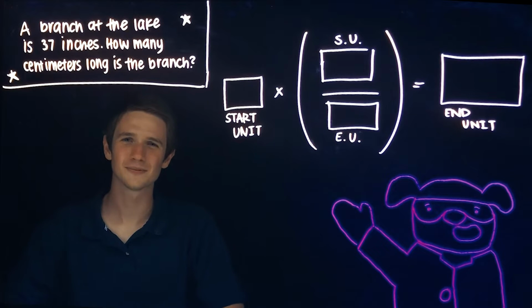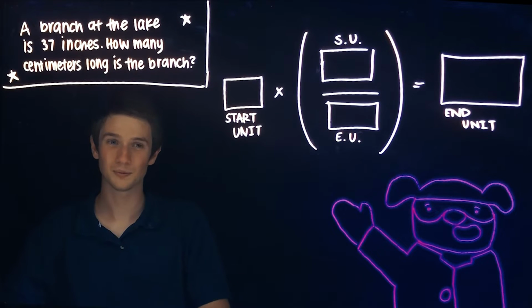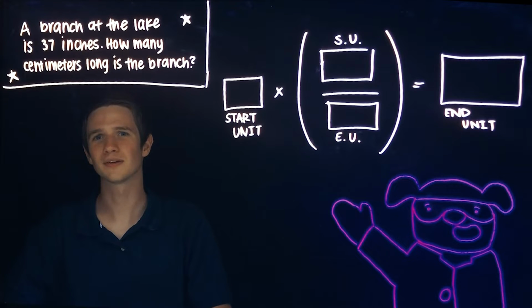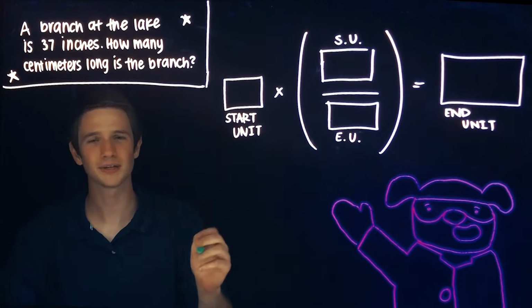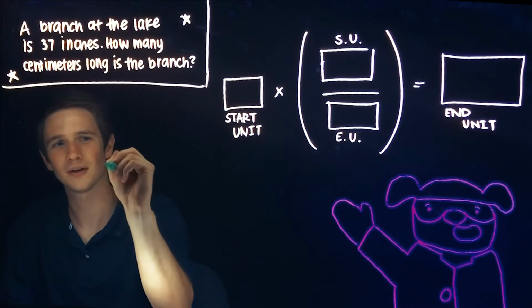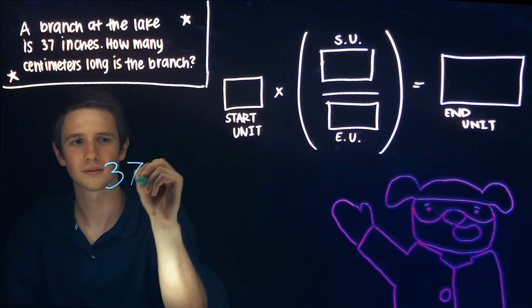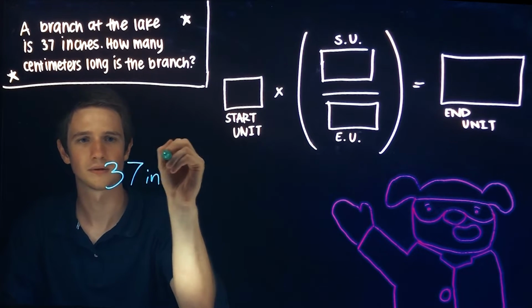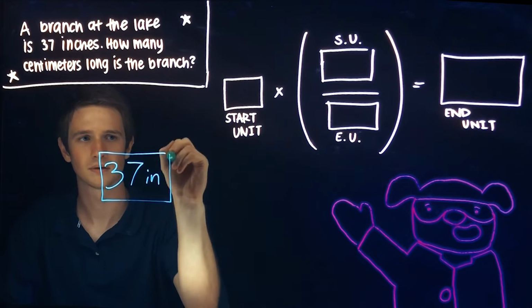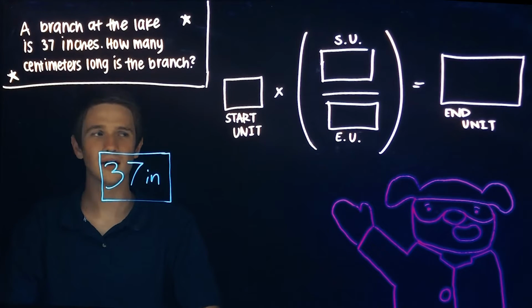Okay, so let's start with an example problem from when we were at the lake. Let's say we pick up a branch that's 37 inches long. That'll be our starting unit. So let's write that right over here. 37 inches. All right, now we're going to multiply that by our conversion factor.